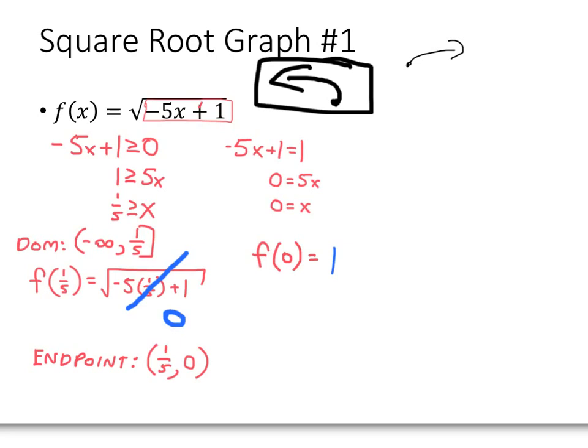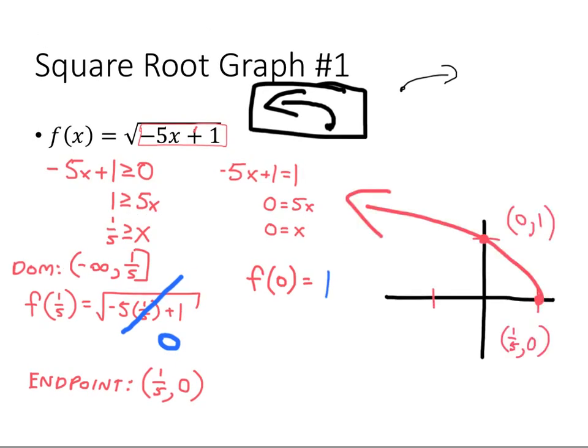But you should also just see, because we set the expression underneath the radical equal to 1, it should be 1. And again, it's going to stay 1 because there's no vertical stretch, compression, reflection, or translation, so nothing else is going to affect the y value.